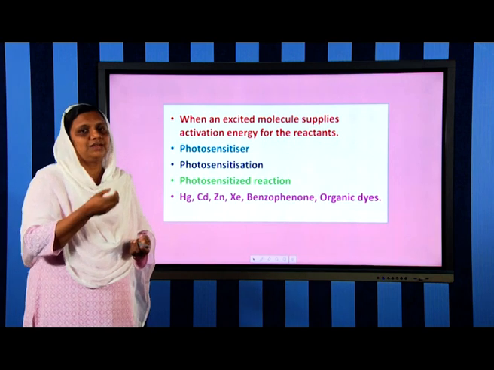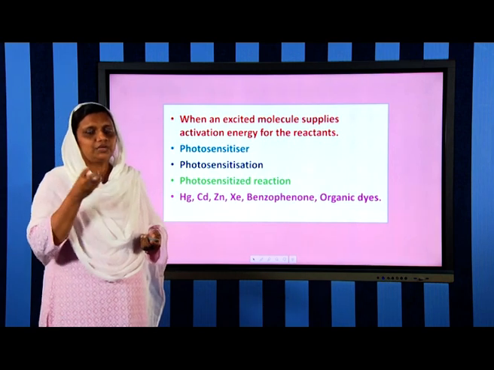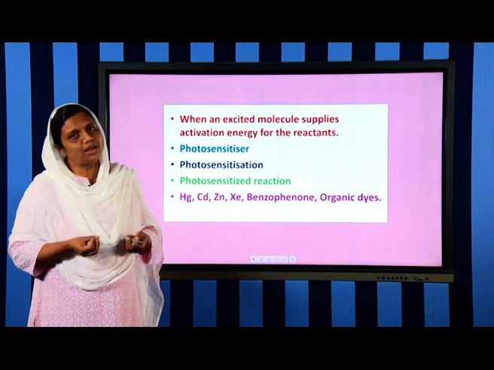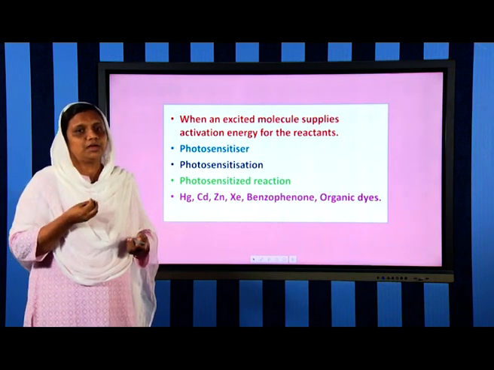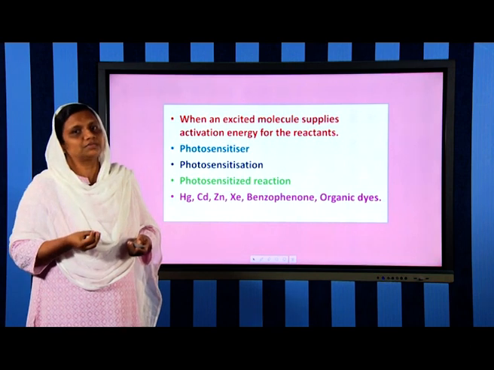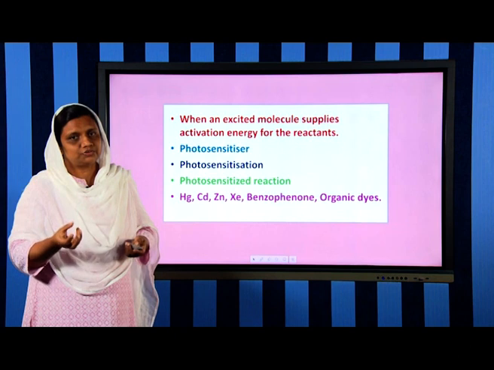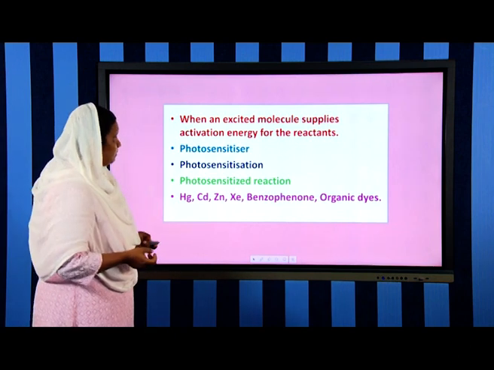So, when selecting a donor, we have to keep in mind the amount of energy required for the reaction to happen. We must keep in mind which type of donor will accept so much energy and will release that much energy to the reactant molecule.